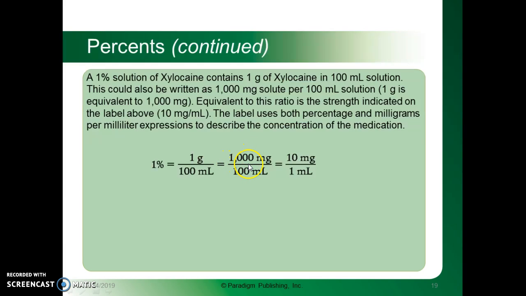So then just converting that will give us 1,000 milligrams per 100 ml. Now we're reducing our medication, so we can reduce it by 100. So divide 100 by 100, 1,000 by 100, and we get 10 milligrams per 1 ml.